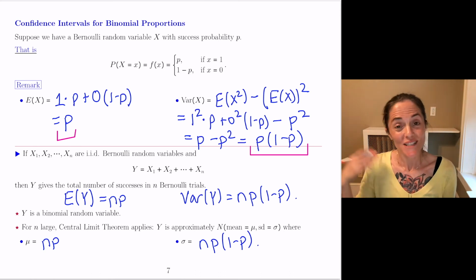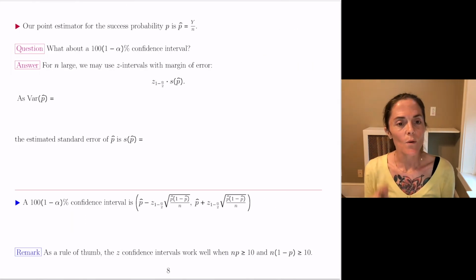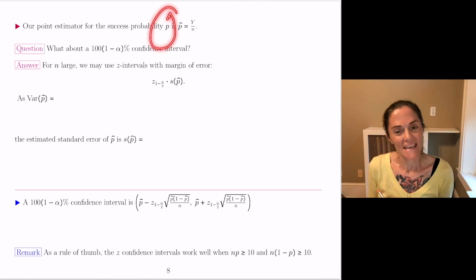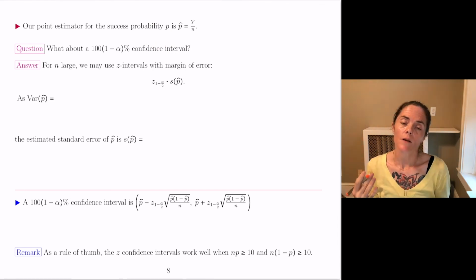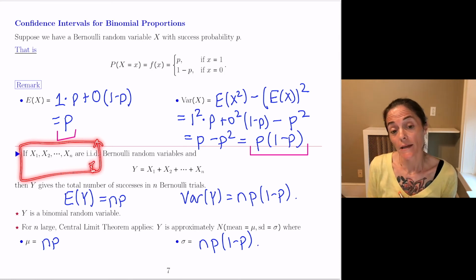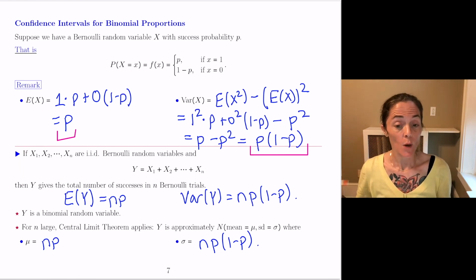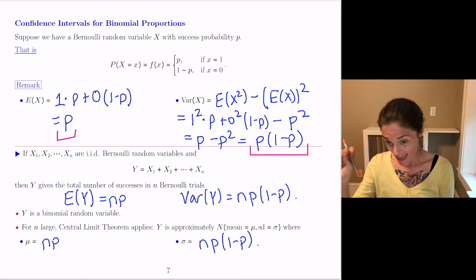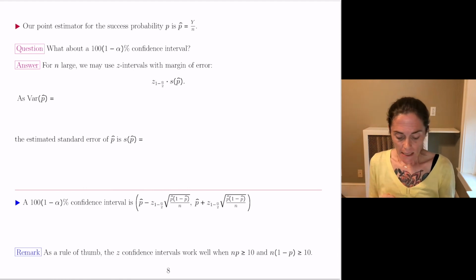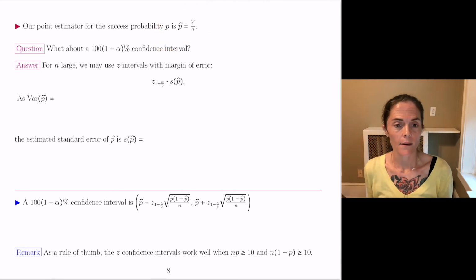Okay, so this was actually a really nice review of stuff we've learned this semester. But the question is, where are the confidence intervals and where is even the point estimator that I'm interested in here? So we're interested in estimating the probability of success, p. And the best estimate that we have, either thinking about sampling from this Bernoulli random variable n times, or taking one observation from the binomial distribution with parameter n and this success probability that we don't know, p, the point estimator p hat, is this capital Y over n.